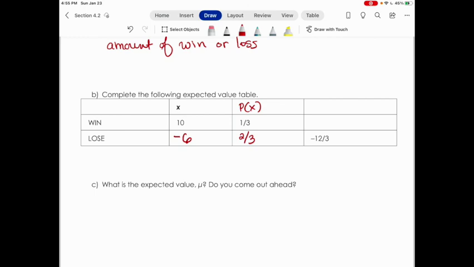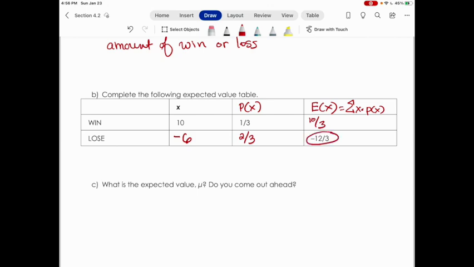This was our corresponding probability, so I'll write that in the chart. And for $10, if we win, that's a 1/3 chance of that happening. To find the expected value, we are going to find the sum of all of our x's times our corresponding probabilities. So that's what this column is going to be.